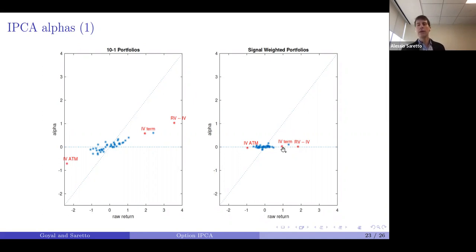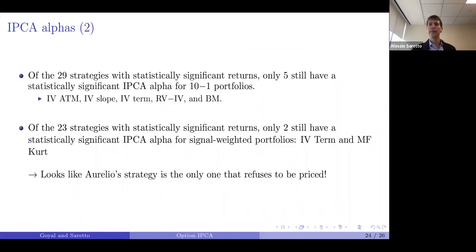So there is something about the term spread and implied vols that is very hard to price. And it's surprising to me that that didn't show up as one of the factors. We tried to see if there is a correlation there, but there is not. So it's a very idiosyncratic type of information.